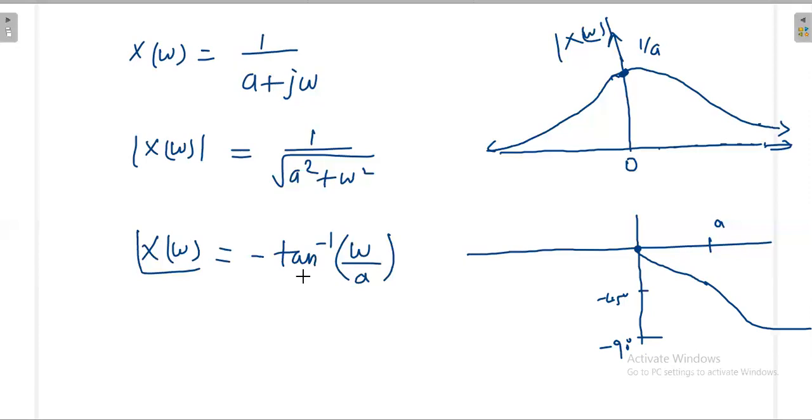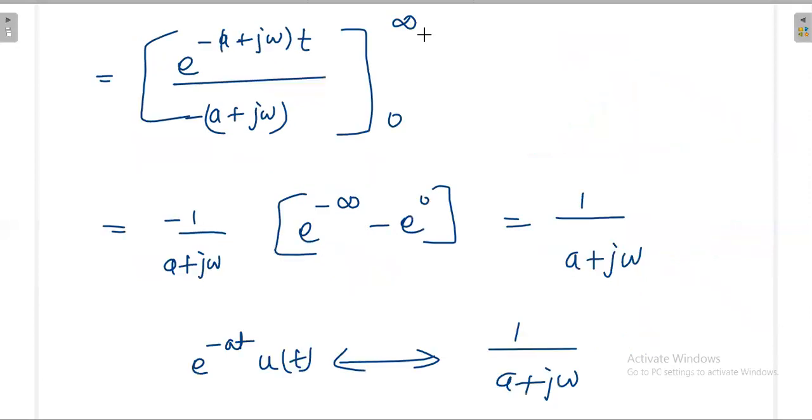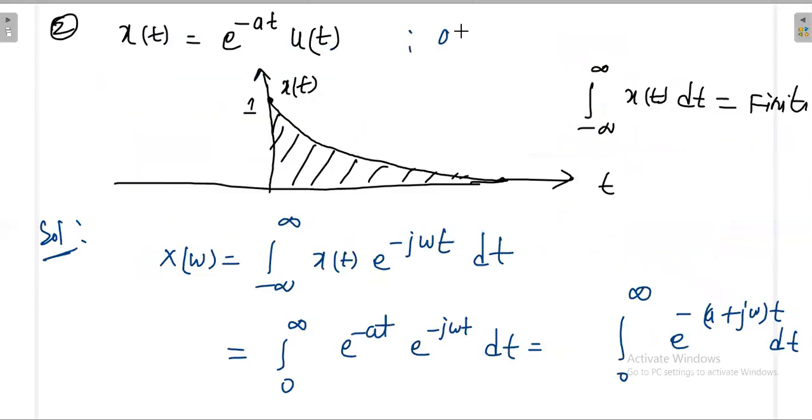One more thing here: in this problem, the assumption is that A given is greater than 0. If A is less than 0, we may not be satisfying this condition sometimes.